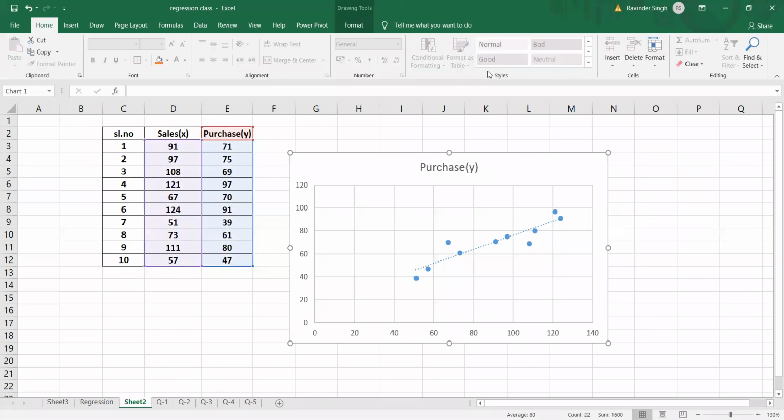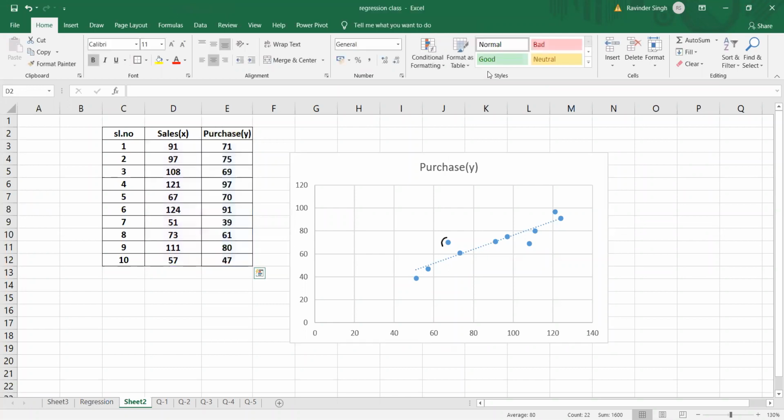One more thing you understand here, that some points are there, this particular point and this particular point, which are not at all on the straight line. So it is deviating from the line of regression. You can see that some sort of deviation is there.